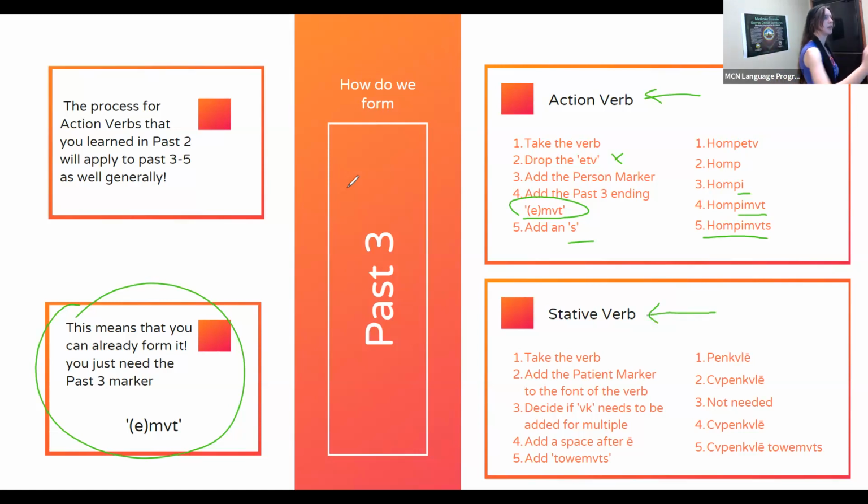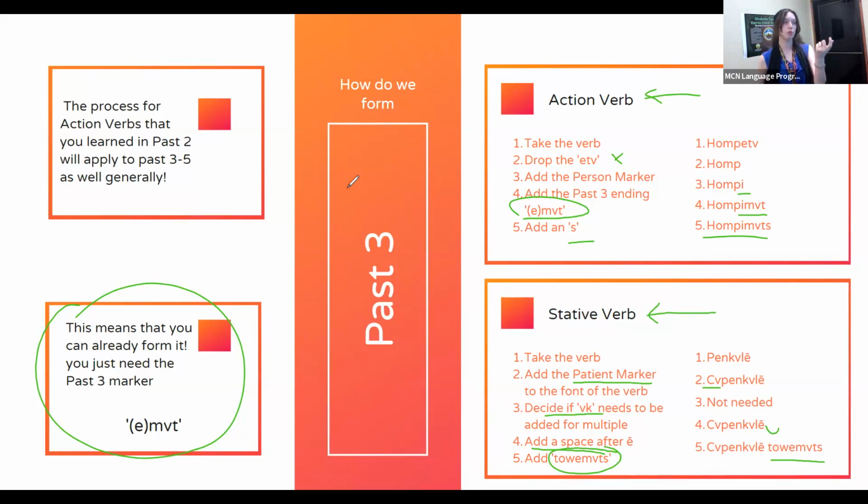Stative verbs. Just like for past 2, you take the verb, you add your patient marker to the front, so ja. You decide if you need uk, we don't need it here. You add a space, just like before. So this time, we use dos in the past 3 tense. So doimuts.